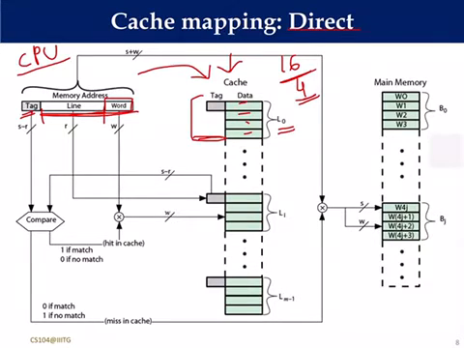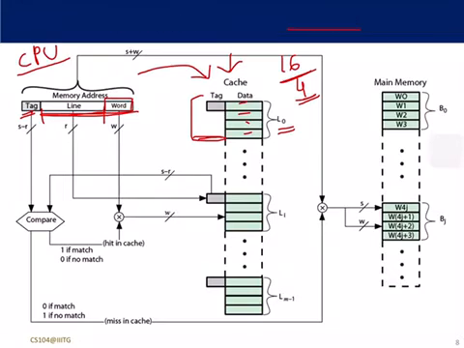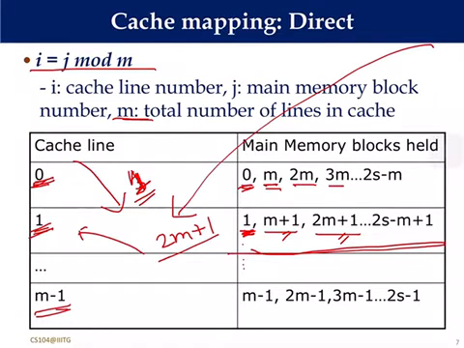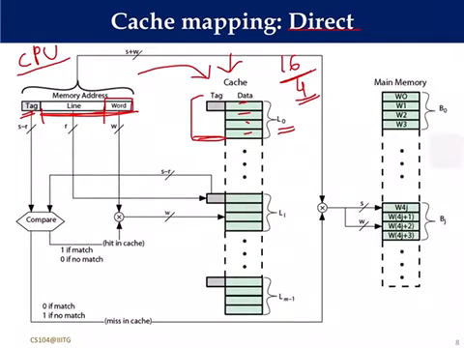Now, if you recall from the last slide, one particular line 1 might contain several different things, and those several things will have different addresses. Now how to distinguish them? This is done with the help of something called the tag.